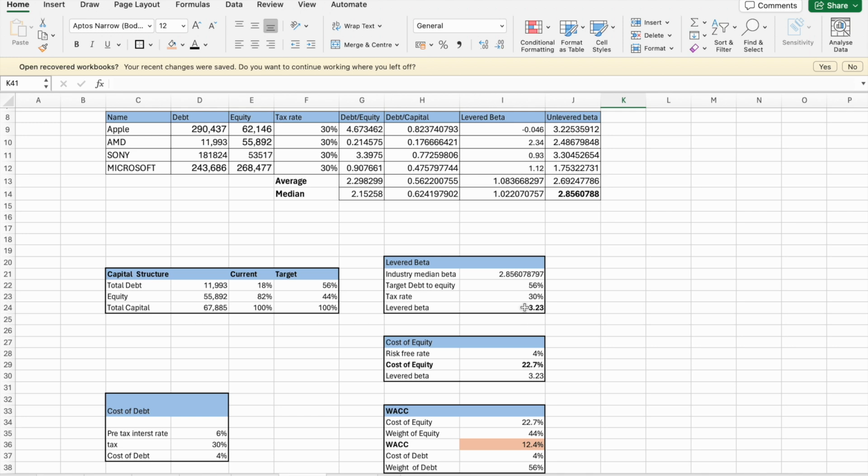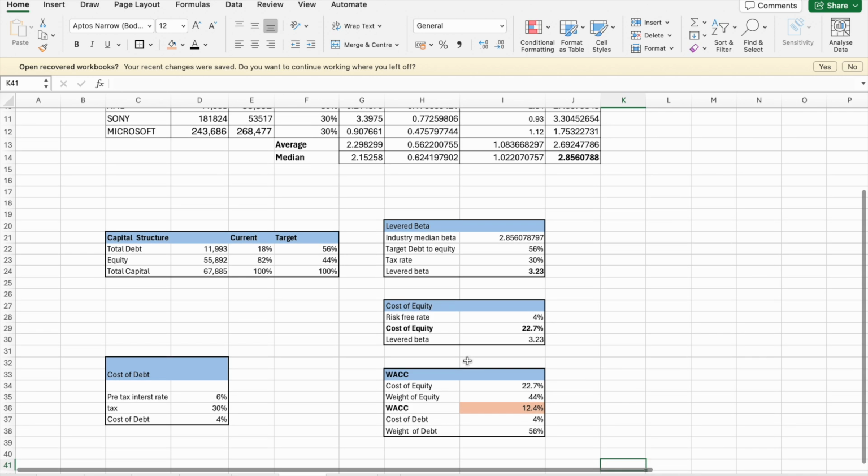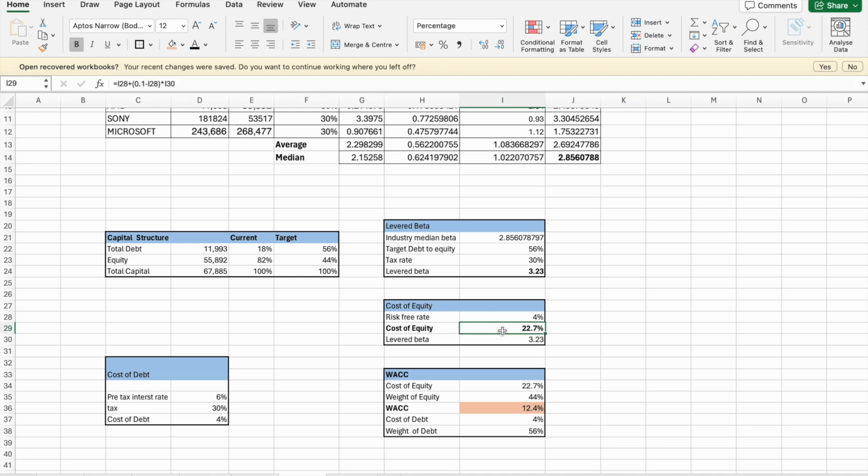So we did the unlevered beta here, and then we got our cost of equity, 22.7%. Okay, I missed one thing, which is the risk premium. Risk premium on top of the risk-free rate, which is 10% for the S&P 500.